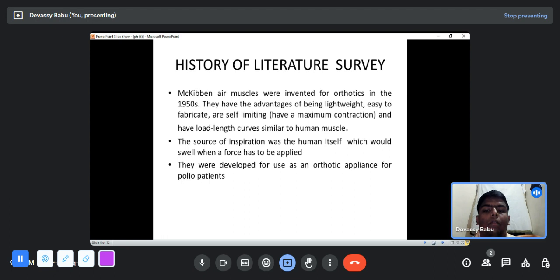They have the advantages of being lightweight, easy to fabricate, and self-limiting, and have a load-length curve similar to human muscles. The source of inspiration was the human muscle itself, which swells where a force has to be applied. They were developed for use as an orthotic appliance for polio patients.